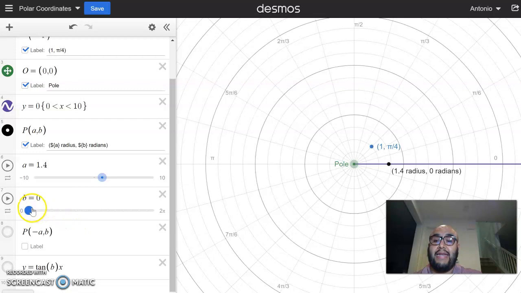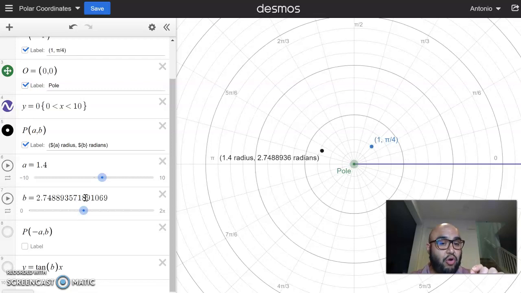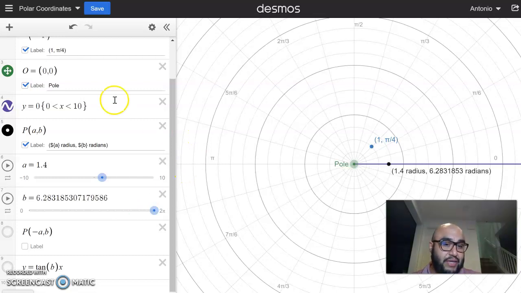As I increase my angle, notice that the point moves in a circular pattern, because it is always a radius of 1.4 units from the pole. As I work my way from 0 to 2 pi, it goes in a circular pattern because the distance between the pole and that point is always 1.4.